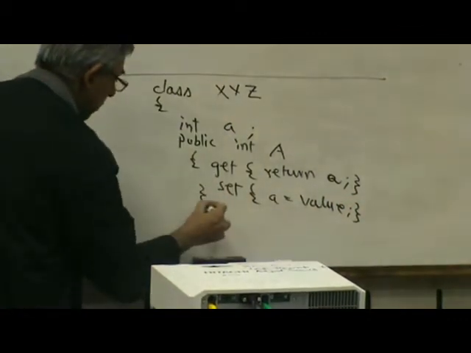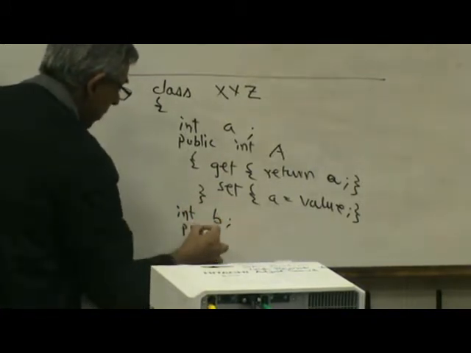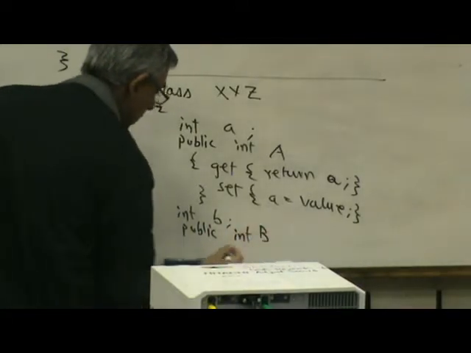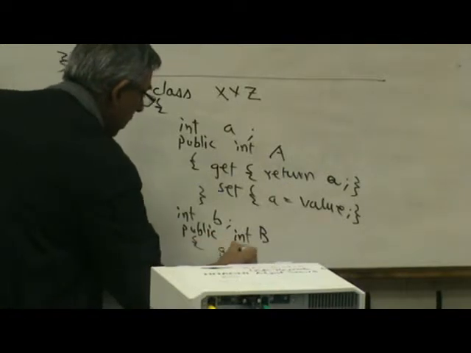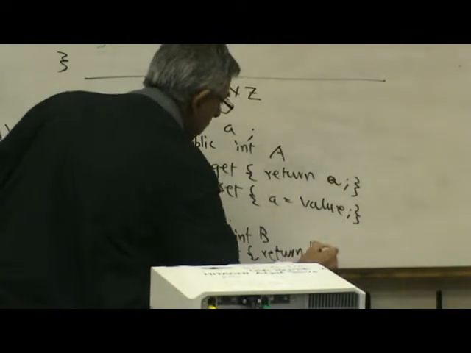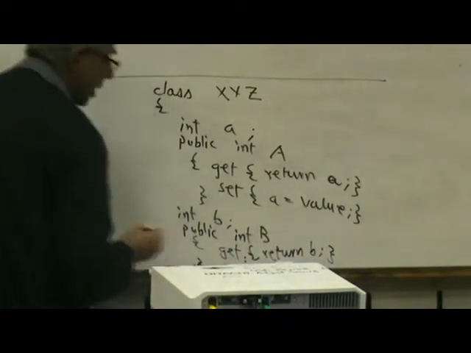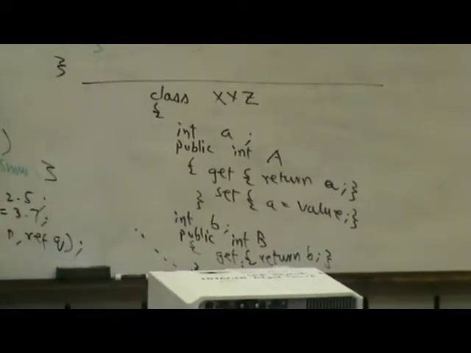And very similarly, you created one more int B, and then public int B, and then get, return B, right? And whatever the rest of it is. And you may have some other things over here.